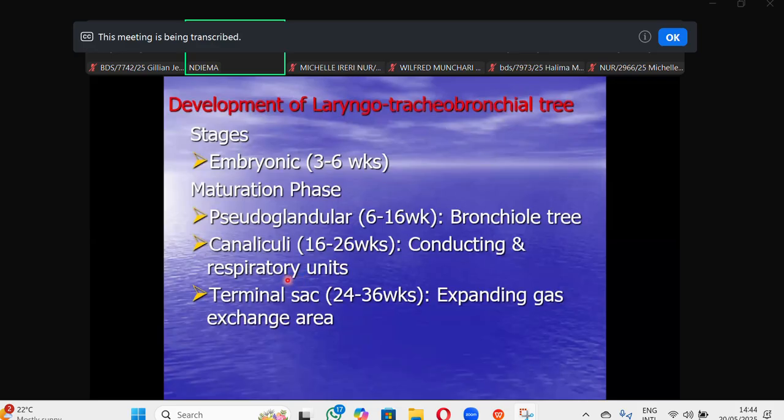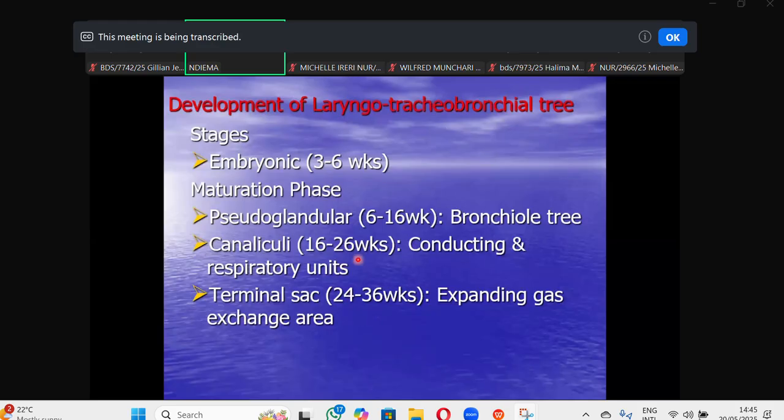Then we have the terminal sac stage. At the terminal sac stage, we have expansions, the budding off of gas chambers, or the gas exchange areas. That's at the terminal sac stage. And you can note that at week 24, this is when we said there is already well-developed formation of the surfactant.